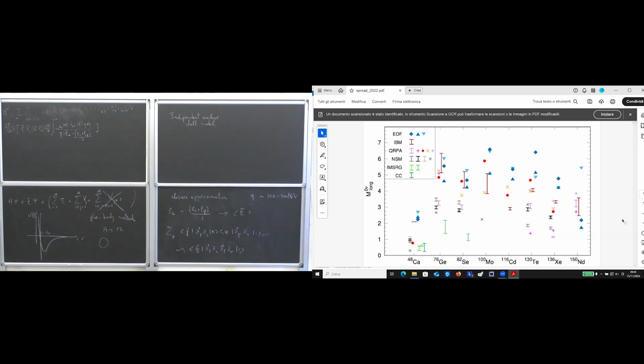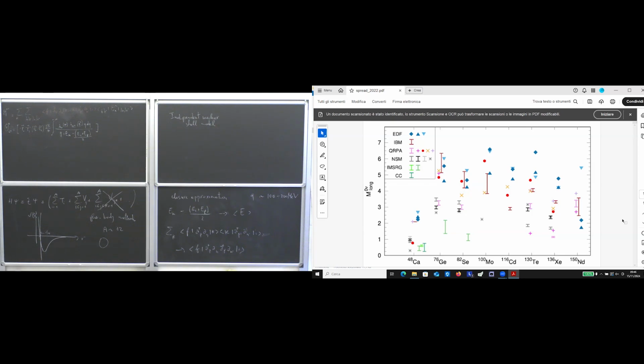As a matter of fact, in the comparison between the exact calculation and the one using the closure approximation for two-neutrino double beta decay, the difference can be a factor of 5, 6, 7, something like that. While now we are able, for example in the nuclear shell model, to manage for calcium-48, to get rid of this approximation.